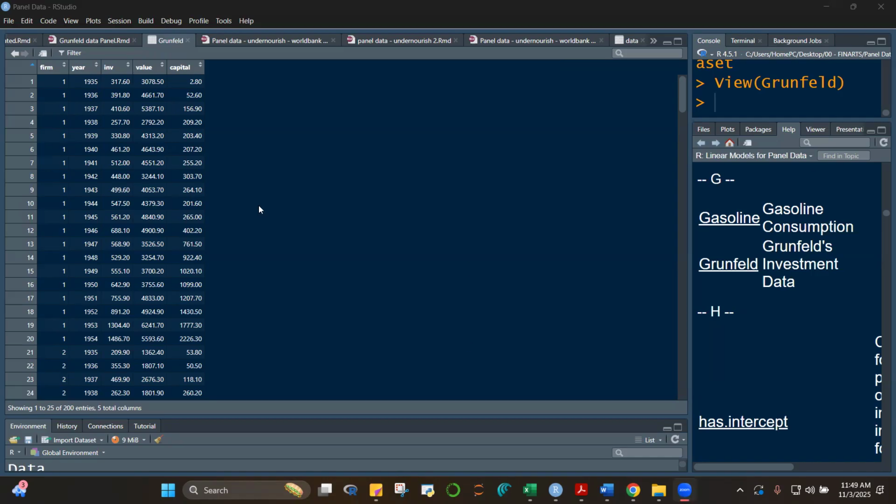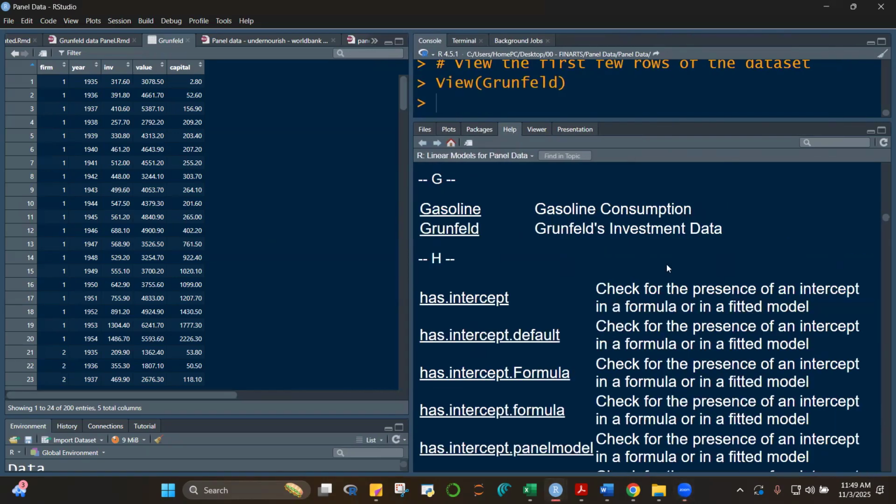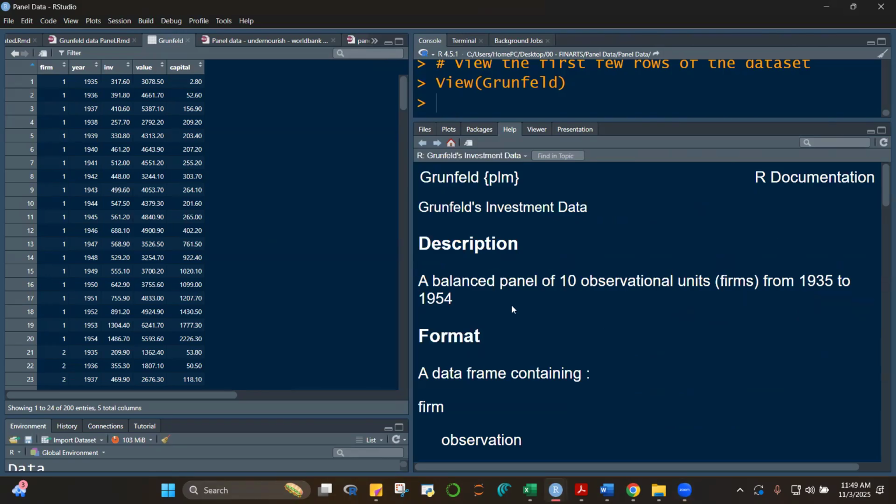So if you take a look at the data class, the first variable here is firm. Why don't we also open this class, Grunfeld? And this is a balanced panel, class. Take a look. Balanced panel. So what does balanced panel mean, class? From 1935 to 1954.